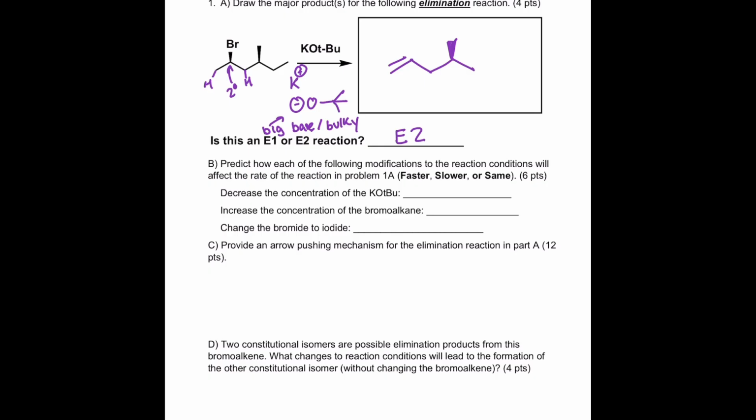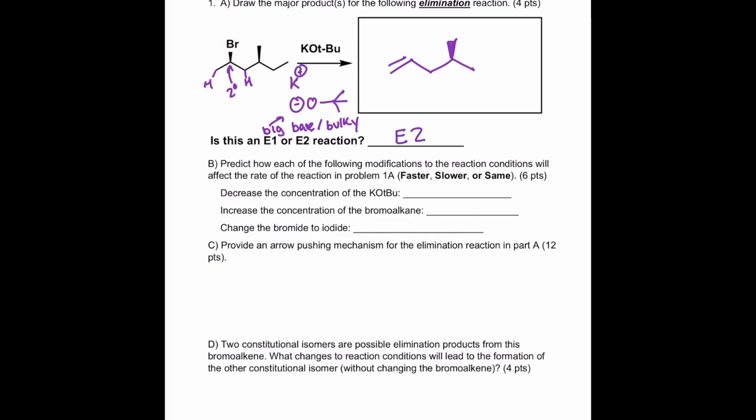So predict how each of the following modifications to the reaction conditions will affect the rate of the reaction in the problem 1A: faster, slower, or same. So let's think about this. Our base is going to be attacking this hydrogen, removing it, and then it's going to be going here, and then that's leaving.